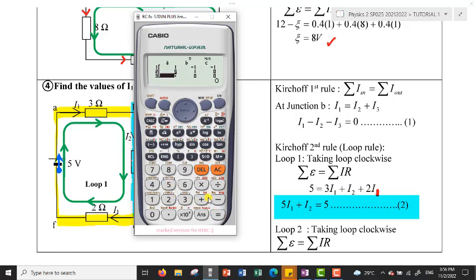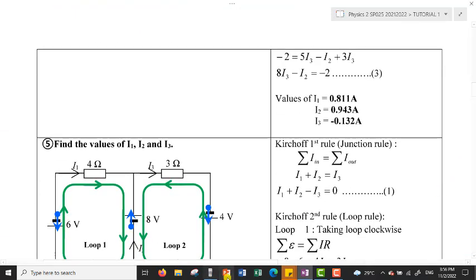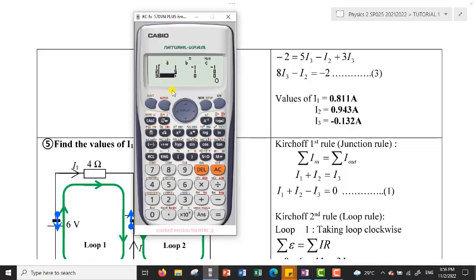Then we move to the third equation. In the third equation, we do not have any I1, so I1 is 0. Then we have I2 negative 1. Then we have I3 8. The number is negative 2. Then we will get the answer straightforward.